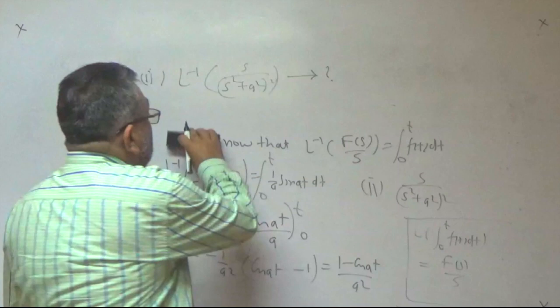First limit t equal to 0 means u axis, t equal to infinity means just imagine, we are imagining this is virtual, t tending to infinity, this is the point. u equal to 0 means t axis, u equal to t means this line, like y equal to x line in the xy plane. So we have the region of integration here, O, A, B, O. Basically, this is the region of integration, right?